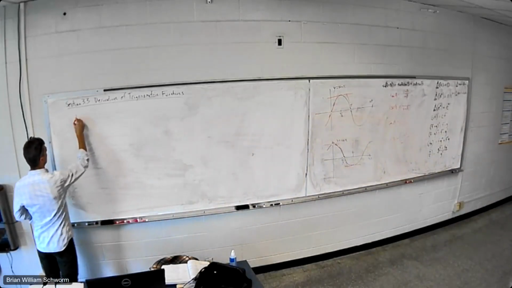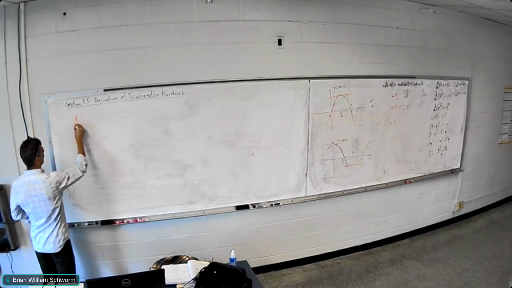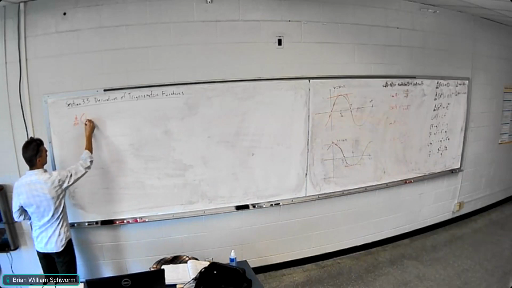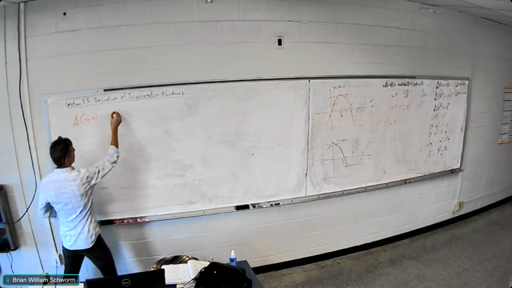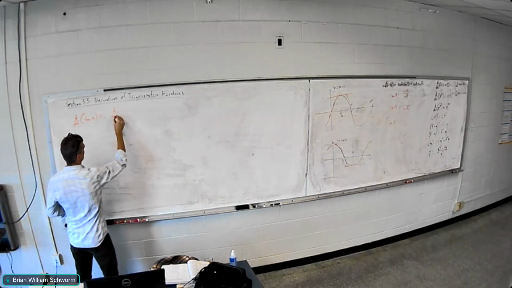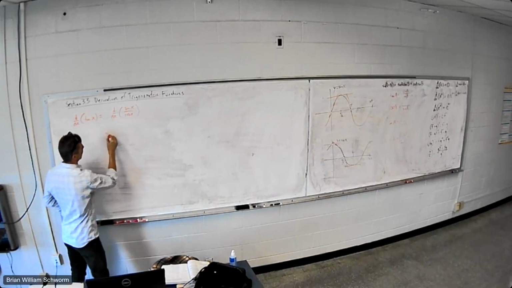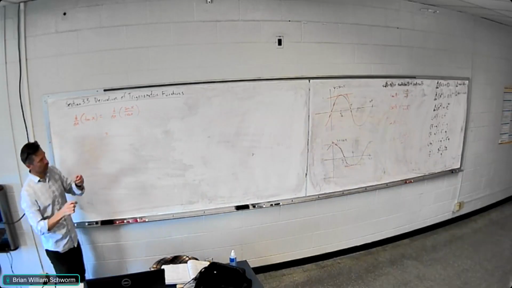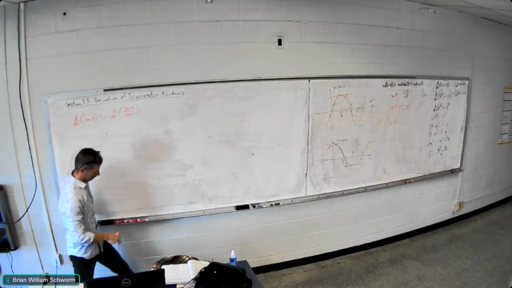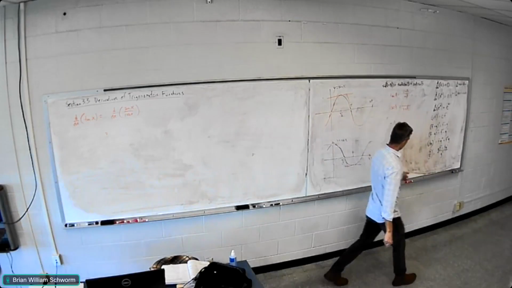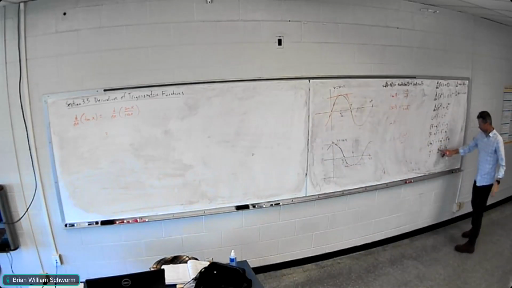So the derivative of tangent is the derivative of sine over cosine. And then by the quotient rule, you've got a fraction, the quotient.